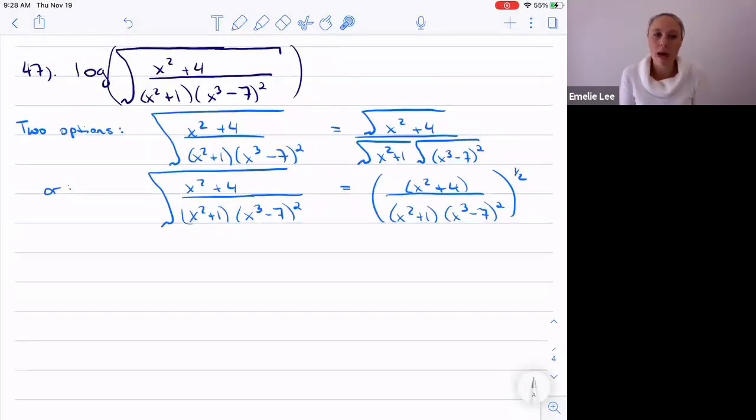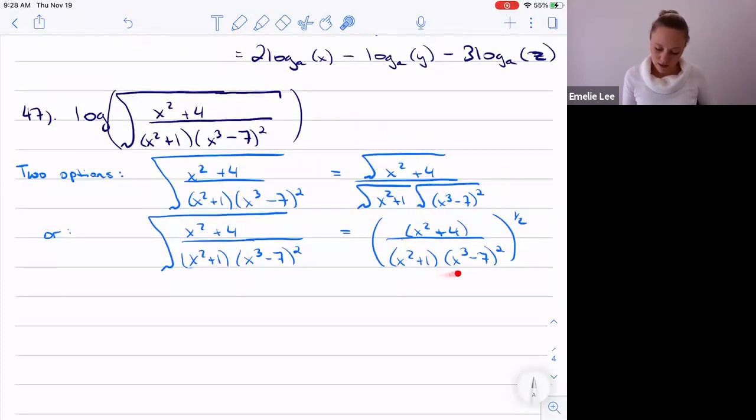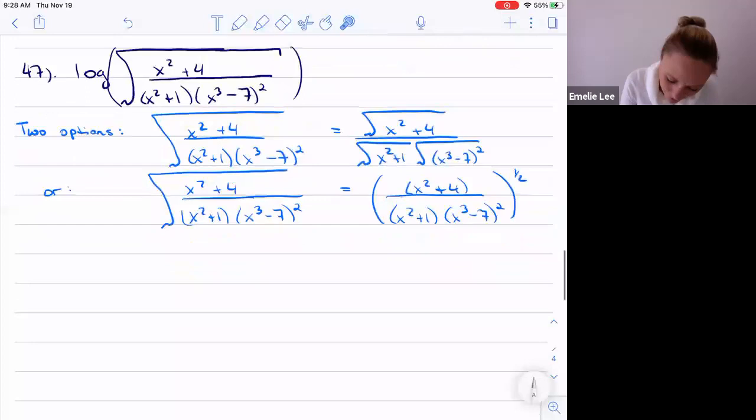It doesn't matter which one you use. In fact, I'm kind of torn. I don't know which one I prefer. Maybe I'll use this one because then I can move the 1/2, right? Because then if we treat this as one thing, let's call it a, right? Technically, all I have here is the log of a to the power of 1/2, right? So then I would take the 1/2 and then I have 1/2 log a, right?